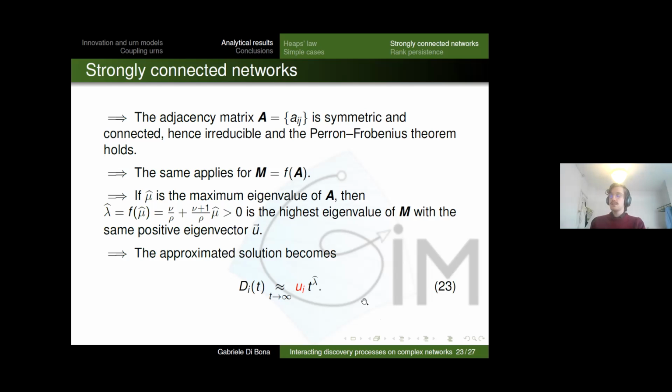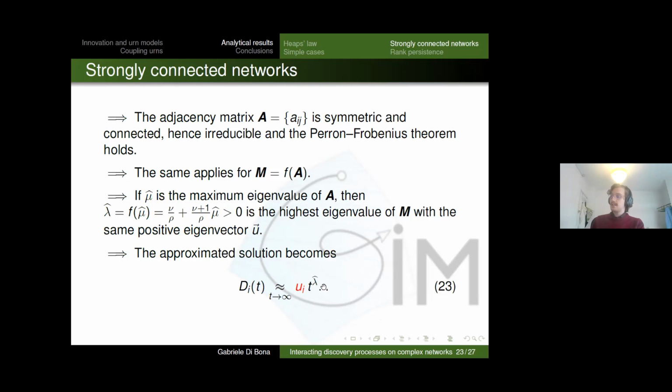Now we know that there is an eigenvalue that is greater than everyone, and it is simple, so there are no logarithms, and all entries U_i are positive, so there are no zeros there. So now the approximated solution at asymptotic time to infinity is just this.